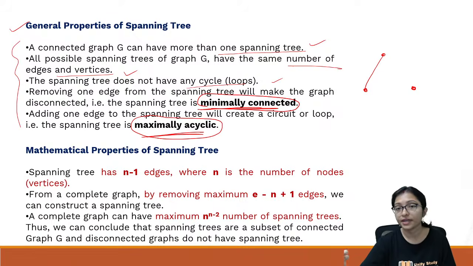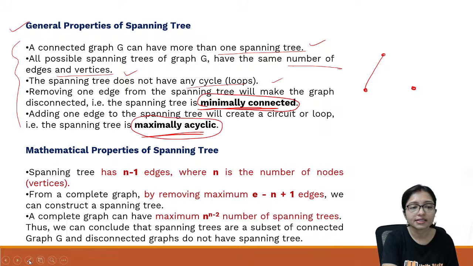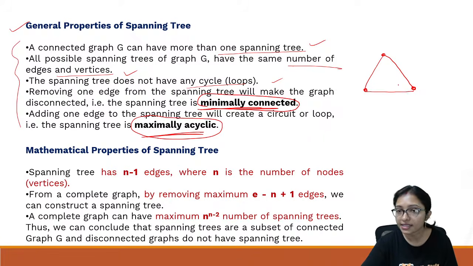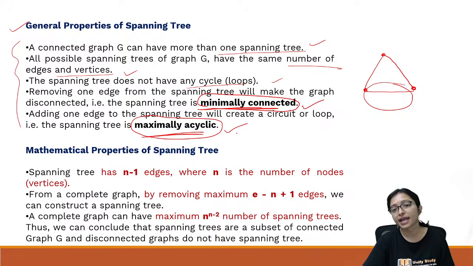That's why it is called minimally connected. Now if I add any one extra edge, it will create a cycle. That's why it is called minimally connected and maximally acyclic.